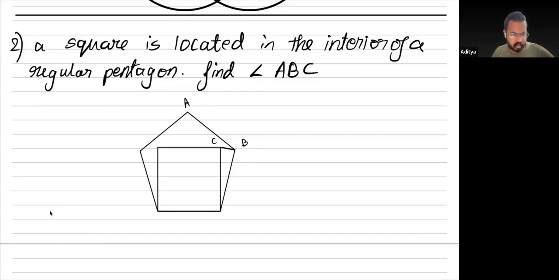Try again. Answer is actually smaller than the first one. Sumit, correct. Adrija, try again. Yashraj, correct.